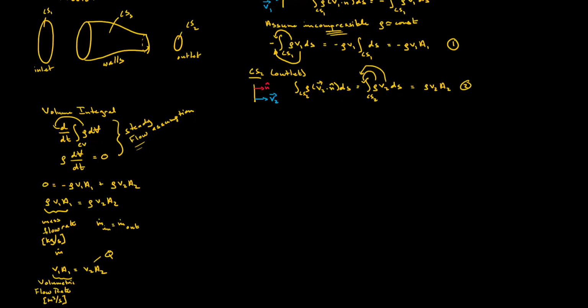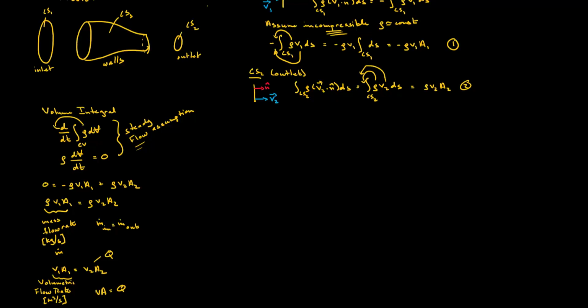A velocity multiplied by an area is equal to a volumetric flow rate, so meters cubed per second. You've probably seen certain industrial equipment saying that it has a flow rate of X liters per minute or something like that. That's a volumetric flow rate. So these two findings are very important.